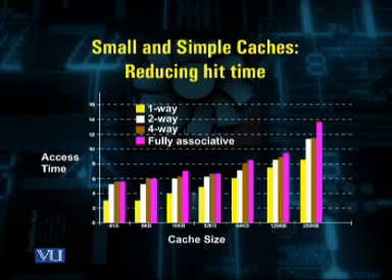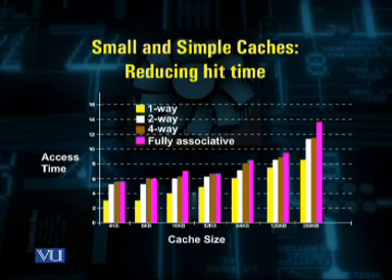Similarly, the two-way set associative cache is 1.02 to 1.11 times faster than the four-way associative, and four-way associative is 1 to 1.08 times faster than the fully associative, except for the 256 KB cache, which is 1.19 times faster.